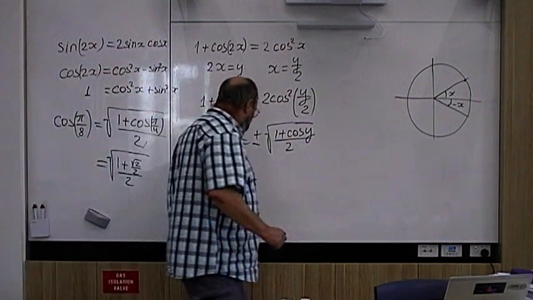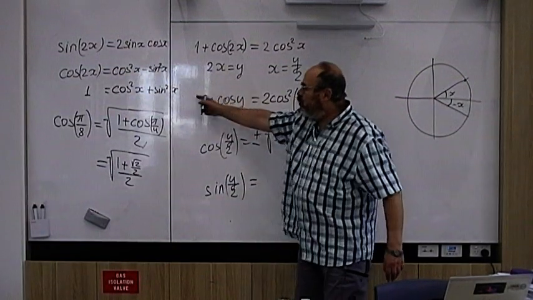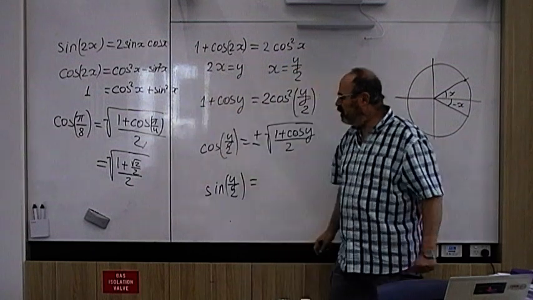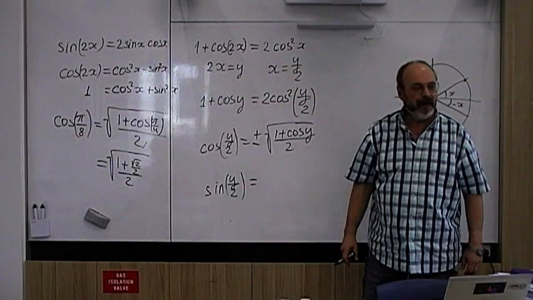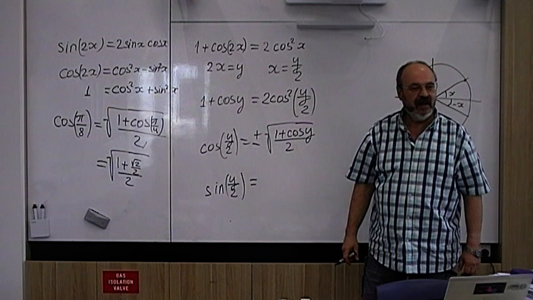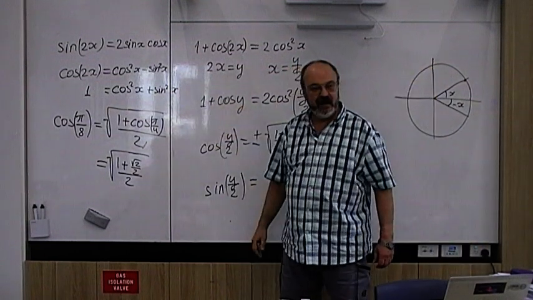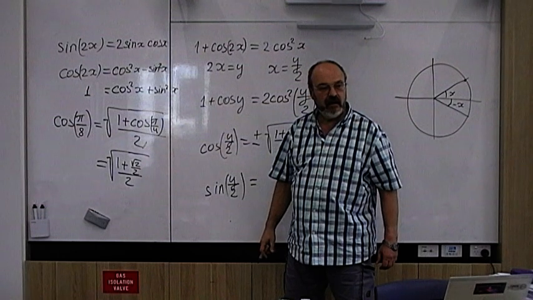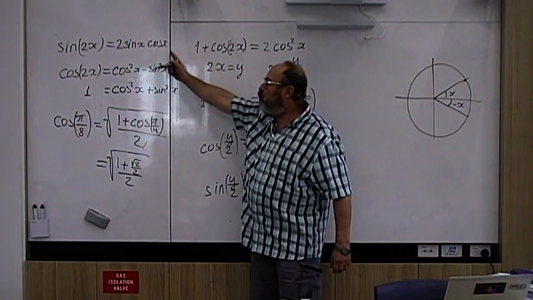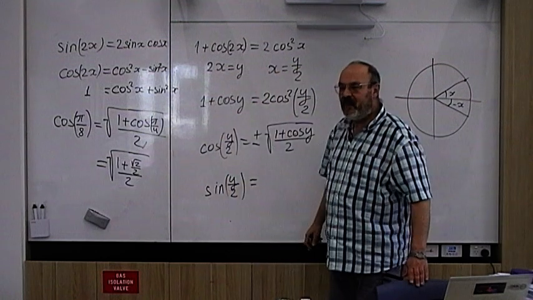Now, sine y on 2. From these two formulas, what will sine y on 2 equal? Now you need to subtract them. Why can't we use cos 2x as well? Because from cos you will not get the formula for sine. Is it plus or minus the square root?